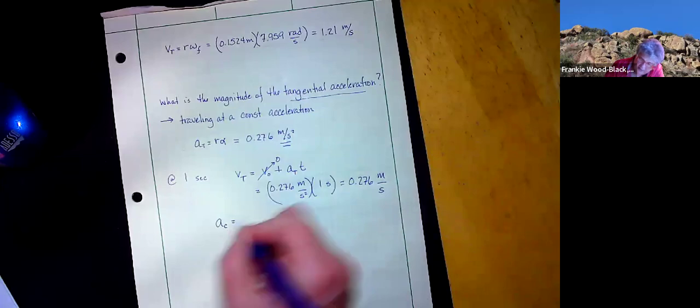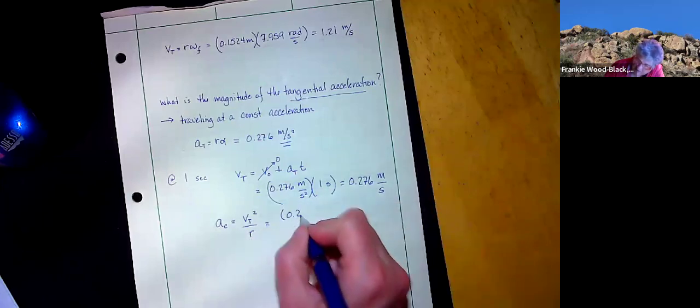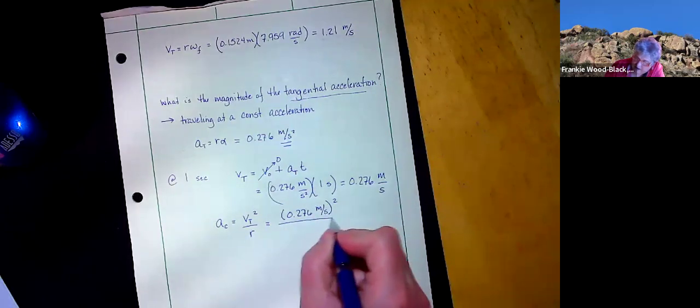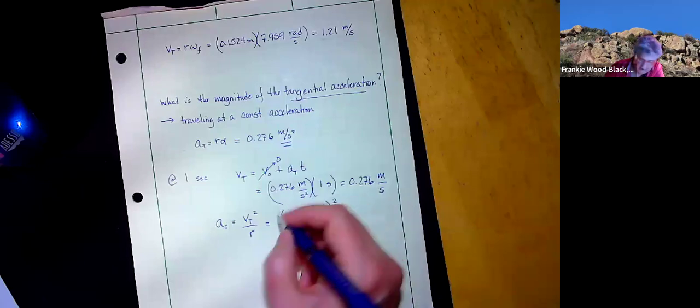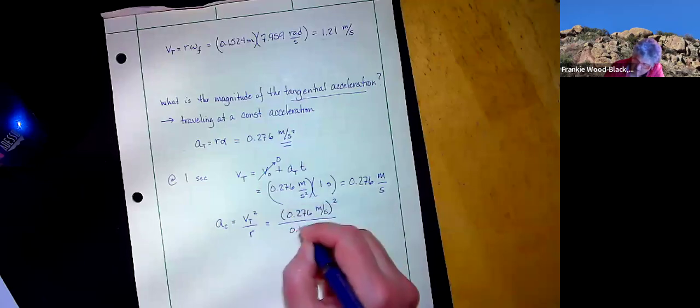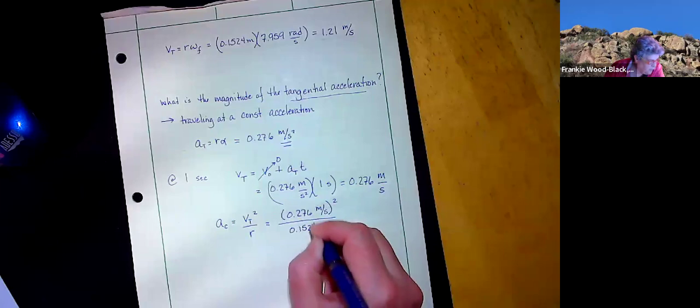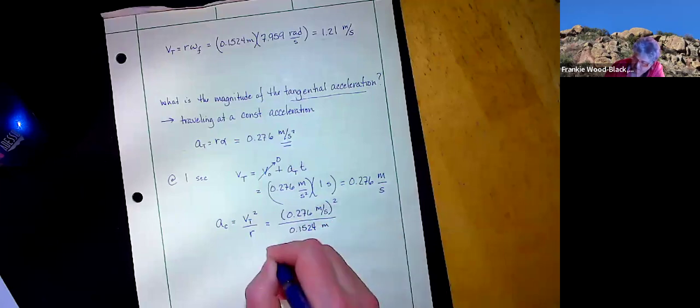Now our centripetal acceleration is going to equal our tangential velocity squared divided by our radius. So we're going to put our 0.276 meters per second, square that, divided by our radius in meters, which we figured out as 0.1524 meters.